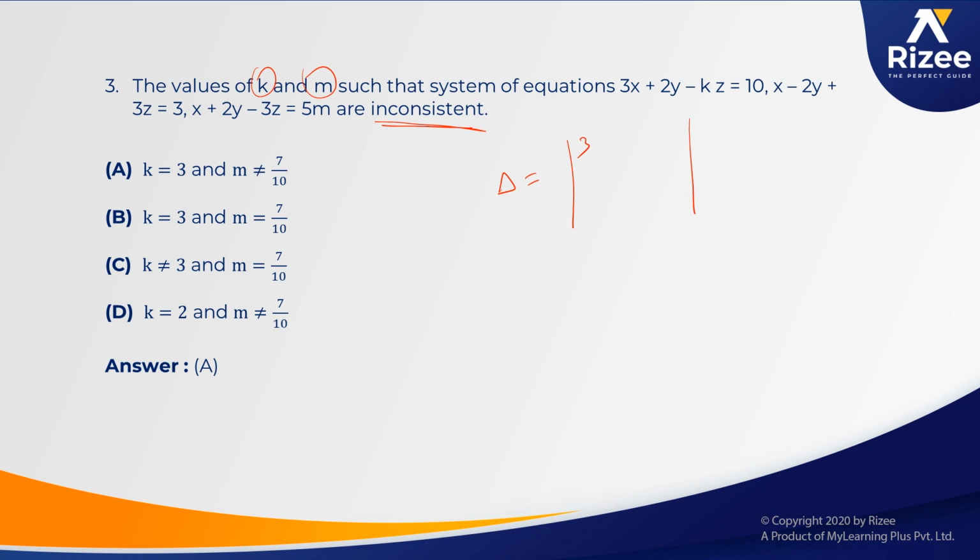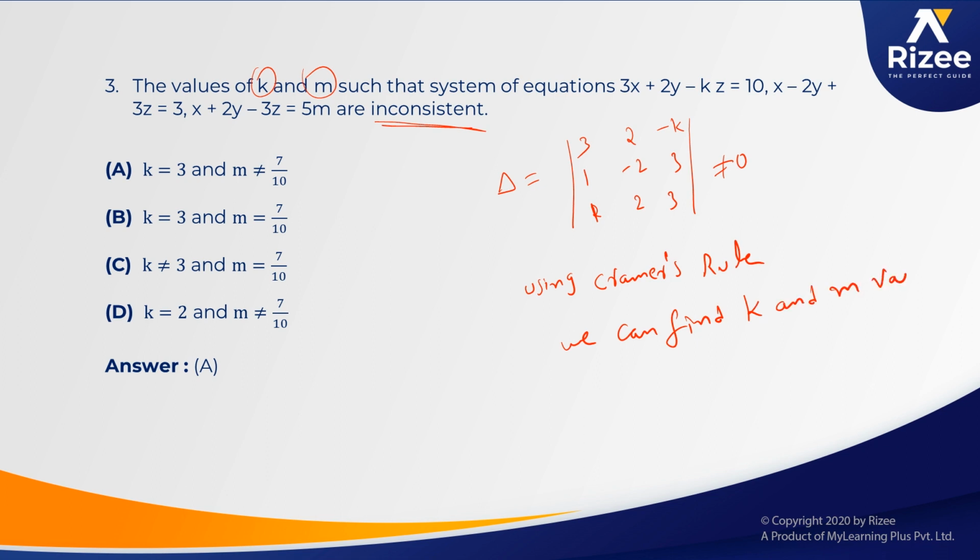The coefficients are 3, 2, minus k, 1, minus 2, 3, 1, 2, minus 3, which is not equal to 0. Then the matrix is possible, after applying Cramer's rule we can find k and m values.